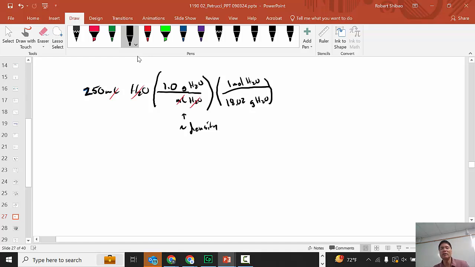So this is the average weight of a water molecule, and the grams of water cancel. That leaves us with moles of water. And then we can use the new definition of Avogadro's number, which is exactly 6.022 times 10 to the 23rd water molecules.